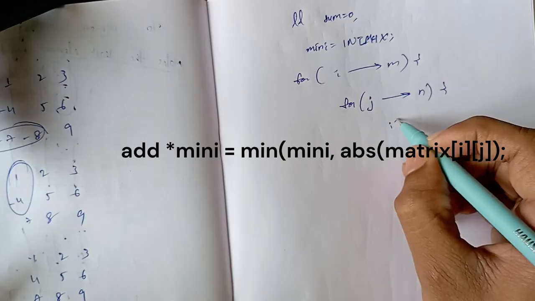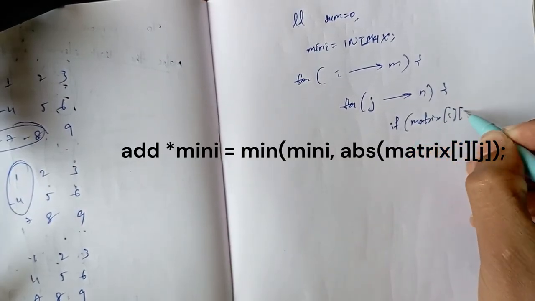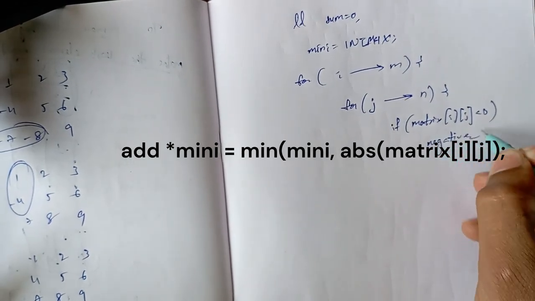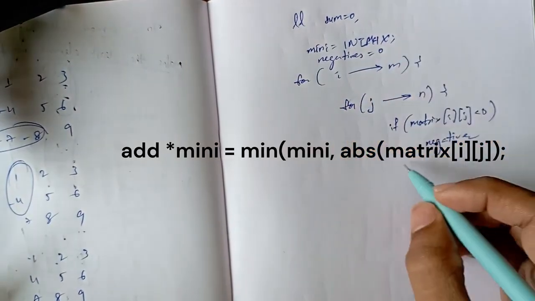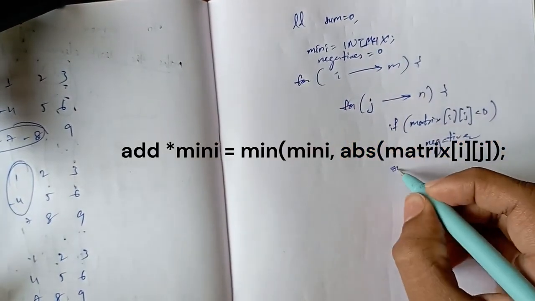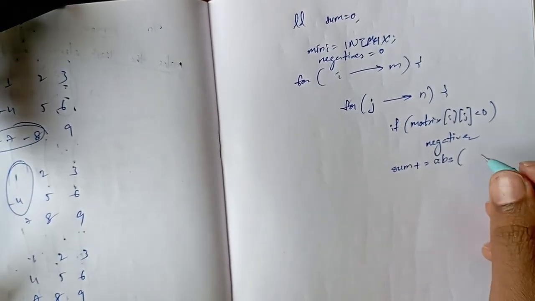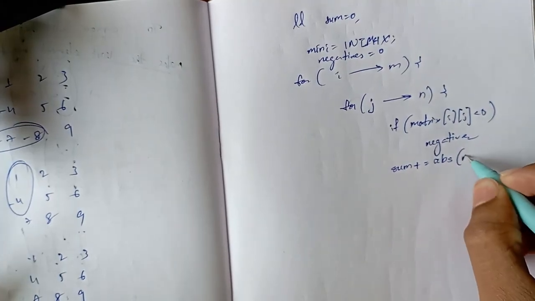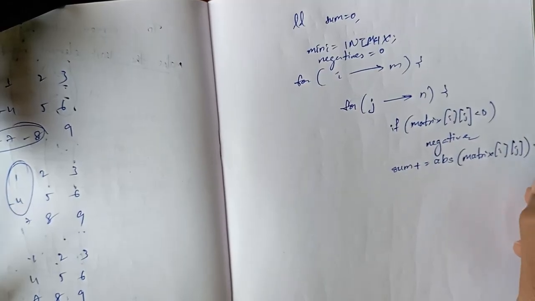If matrix[i][j] is less than 0, we need to increase the negatives count. That means we need to initialize negatives equal to 0, and sum plus equals, we need to consider the absolute value. That means we are only considering the magnitude of the element, not the sign. Absolute of matrix[i][j].